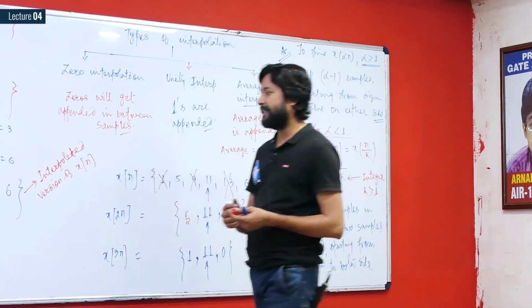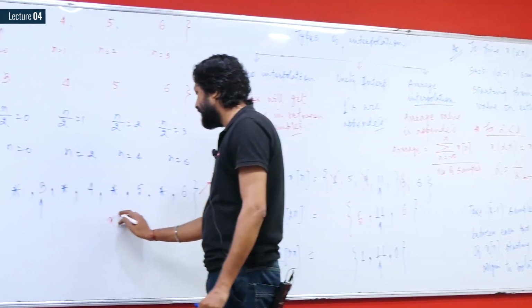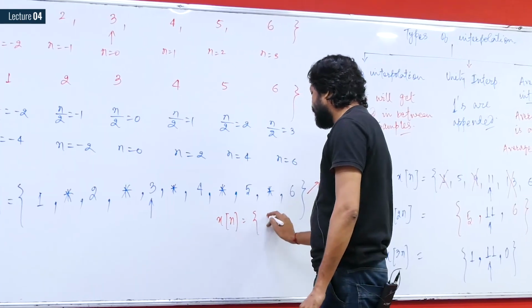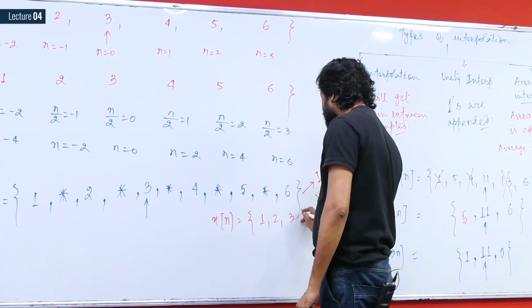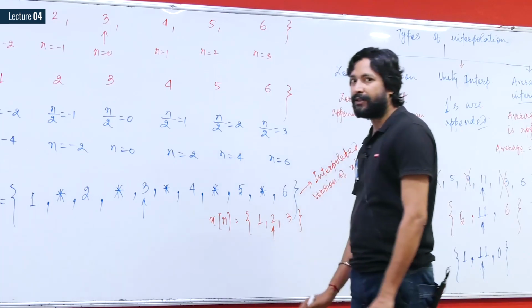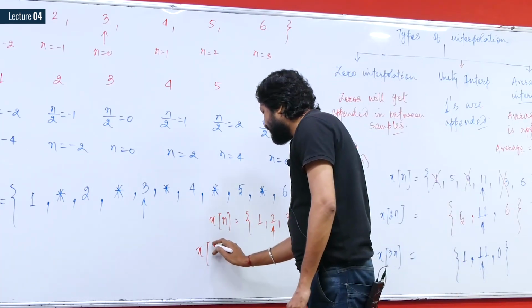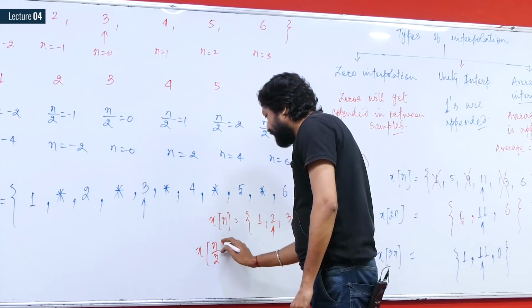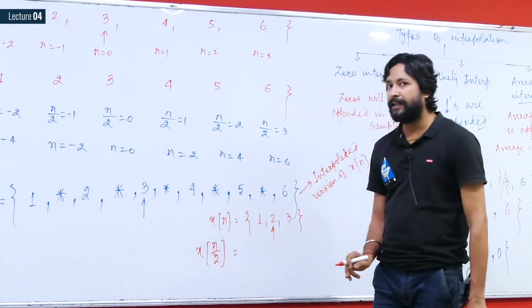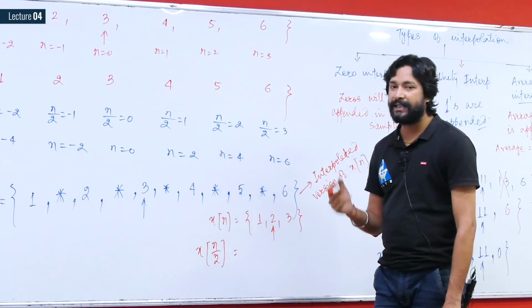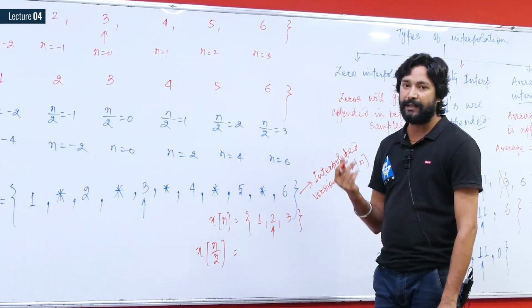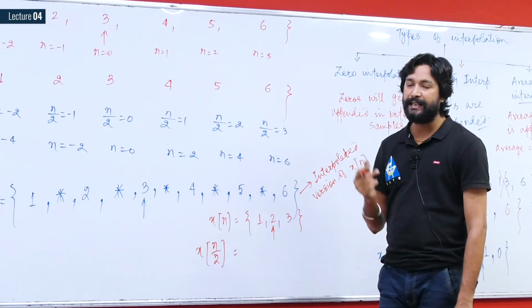Let x of n be 1, 2 and 3. Let it be your signal 1, 2 and 3, your x of n values. Now if you are going to perform x of n by 3, what does it mean? It is x of alpha n. Alpha equals 1 by 3, which is less than 1. It can be written as alpha equals 1 by k, then k equals 3.